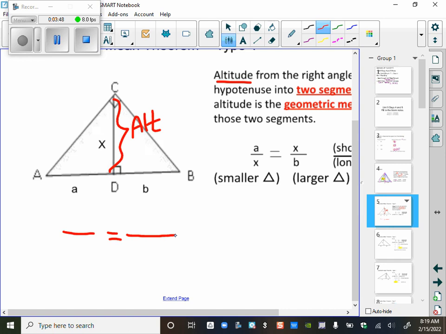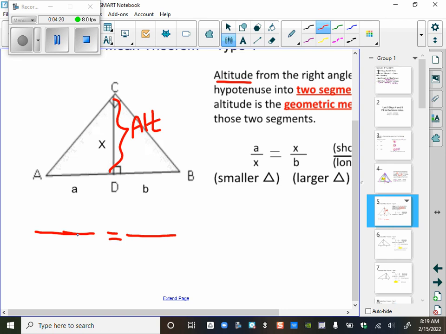Exactly how I wrote it, right here. Set a fraction bar equals second fraction bar. That's step number one. Don't get too cute with this. I'm going to show you an easier way. Don't worry about the smaller, larger triangle. Don't worry about that either. Here's the easiest way to do it. Two fraction bars. First, second, equals second. You can see that, right?